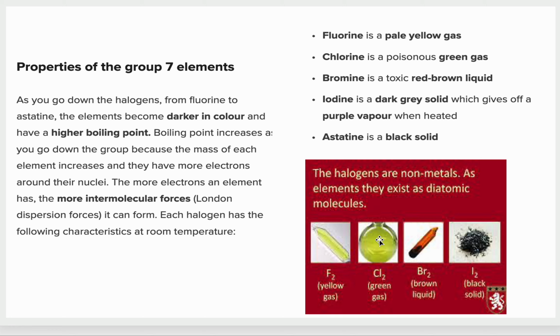Chlorine is going to be kind of green. So these are the two gases. Then we get into bromine, which is a brown liquid, and then iodine, which is a black-purple solid.